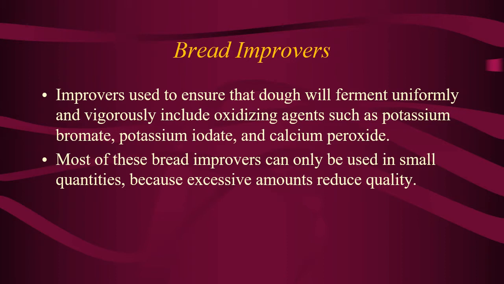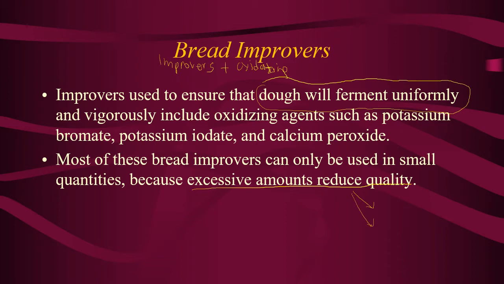So these improvers will be combined with the oxidizing agent to ensure that the dough will ferment uniformly. And most of these bread improvers can only be used in small quantities because excessive amounts reduce quality, meaning it will affect the texture of the bread and also the taste of the bread.